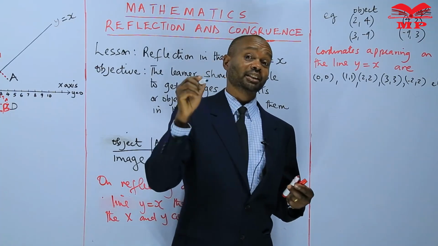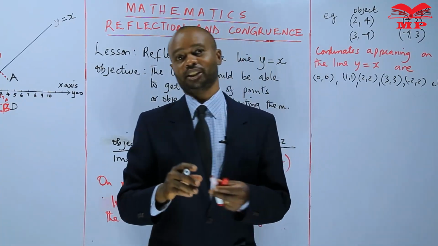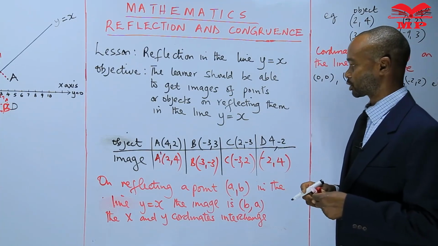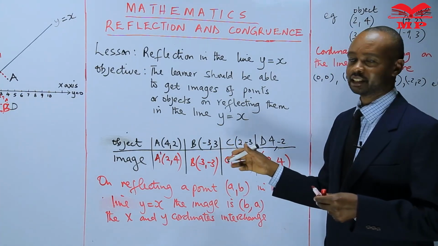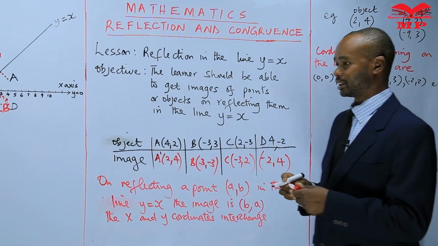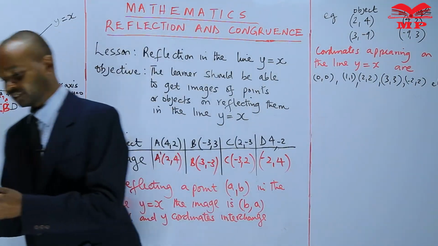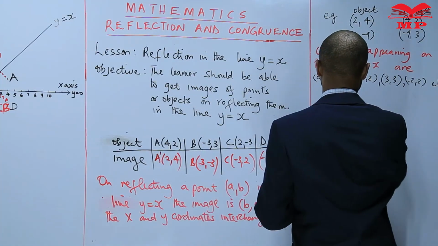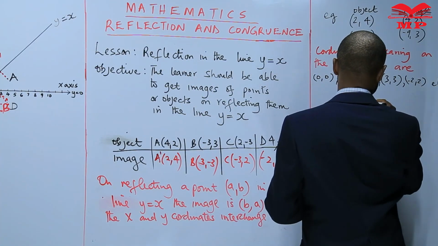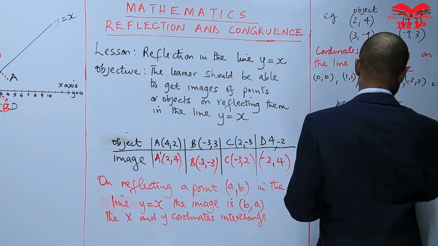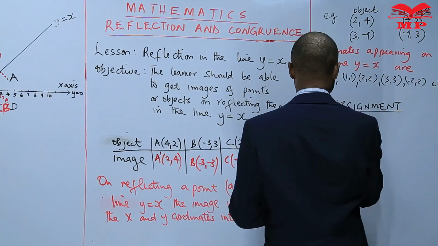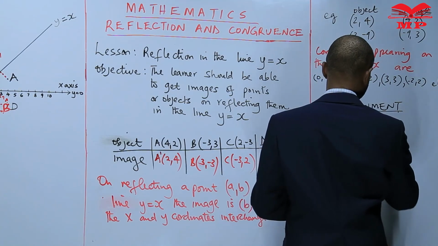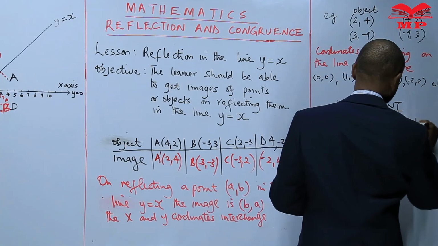The image will be at the same position as the object. So if I had 3, 3 here, it will still remain 3, 3. At that juncture, you'll work out in the assignment, find the images of the following.